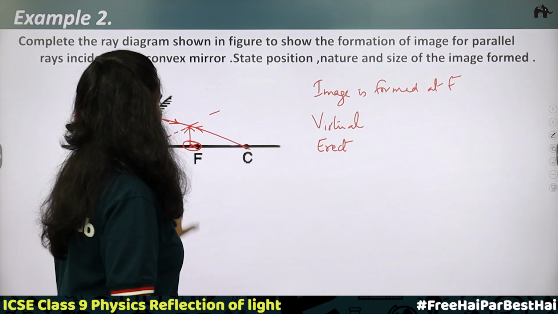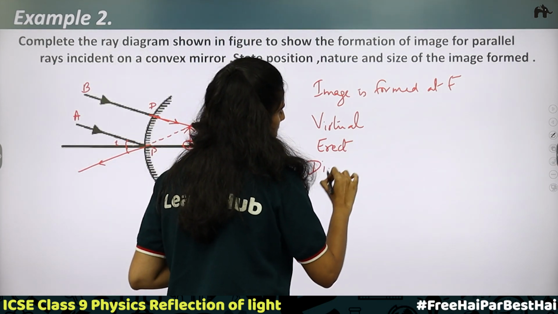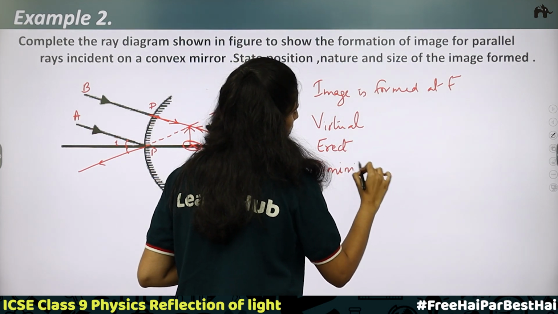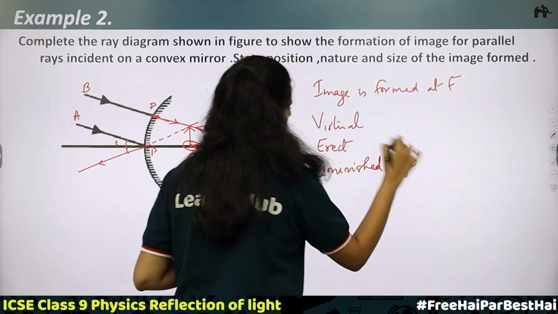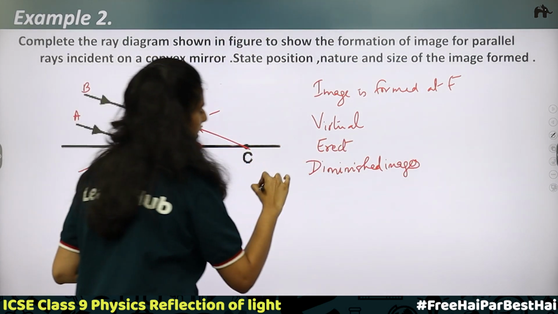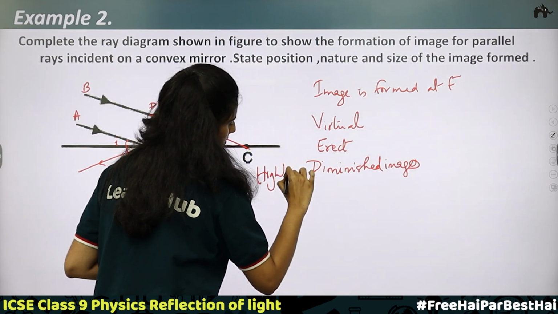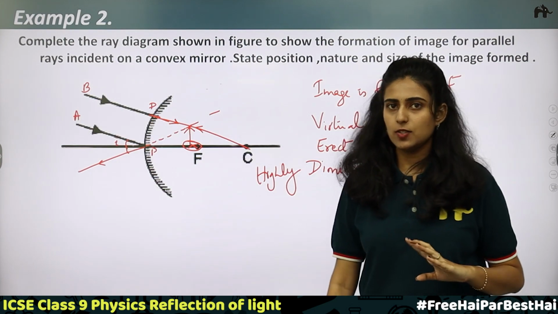What else? Size. What has happened to size? In case of a convex mirror, we will always get only diminished images. We'll consider that these light rays are from infinity. In that case, you will get a highly diminished image. Understood?